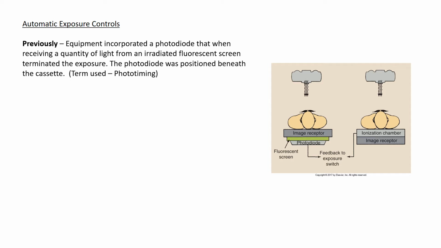Remember, fluorescent screens light up or give off light when they're struck by radiation. That radiation then strikes the photodiode, which then that information would be fed to the exposure switch. So the important thing is, notice the location. Okay, the location is underneath the image receptor.